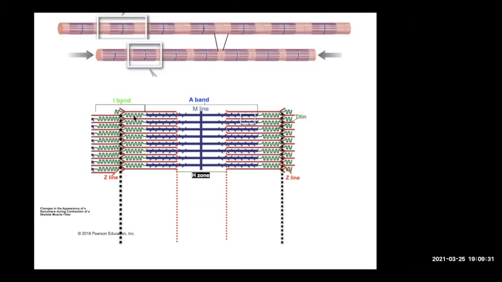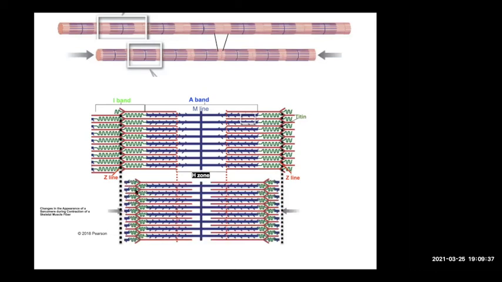So here's your I band over here, and we know that has shortened, right? It's gone from this length to this length on either side of it. And when that shortens, we see that this Z line goes from here to over here. So the Z lines are being pulled toward the M line over here.